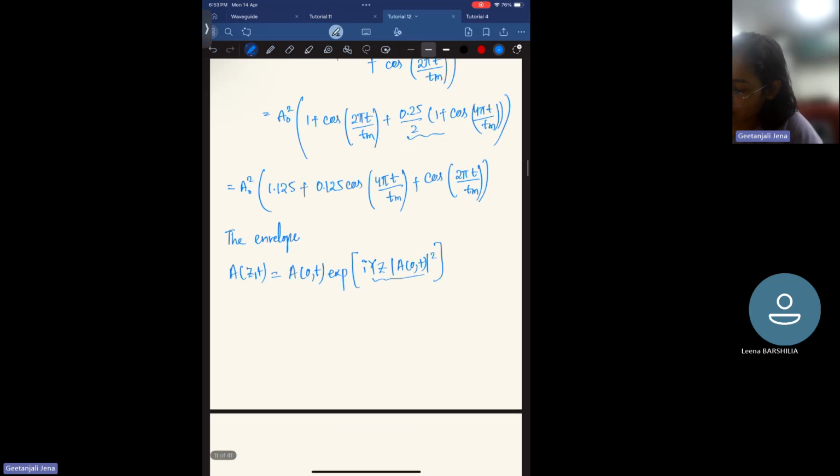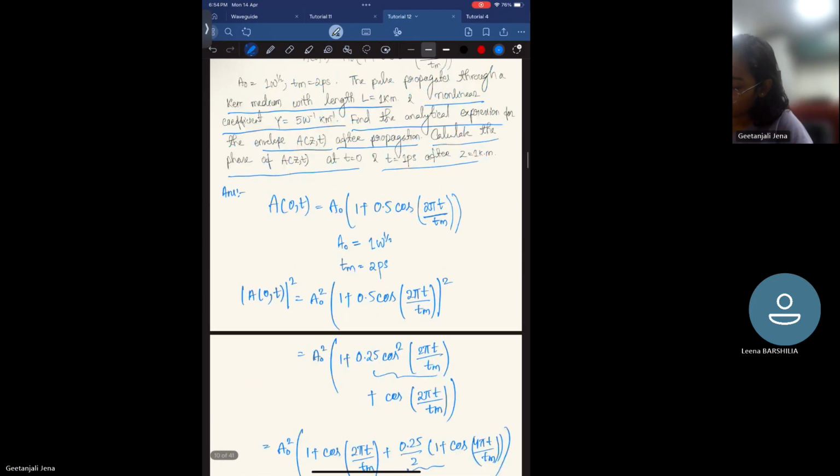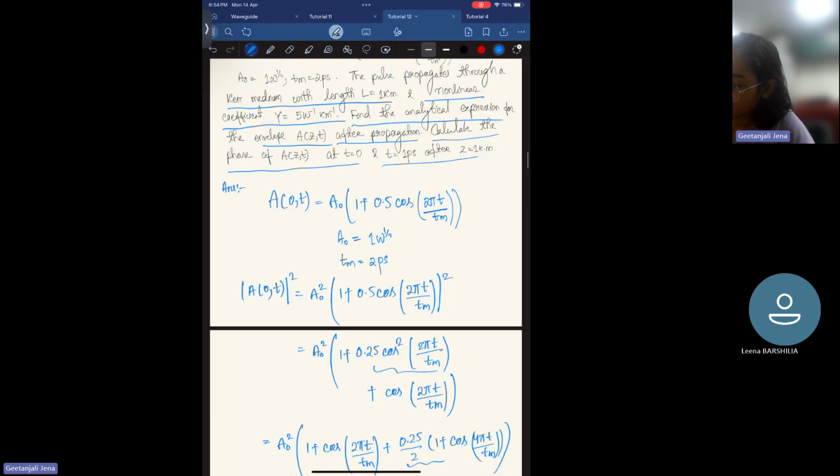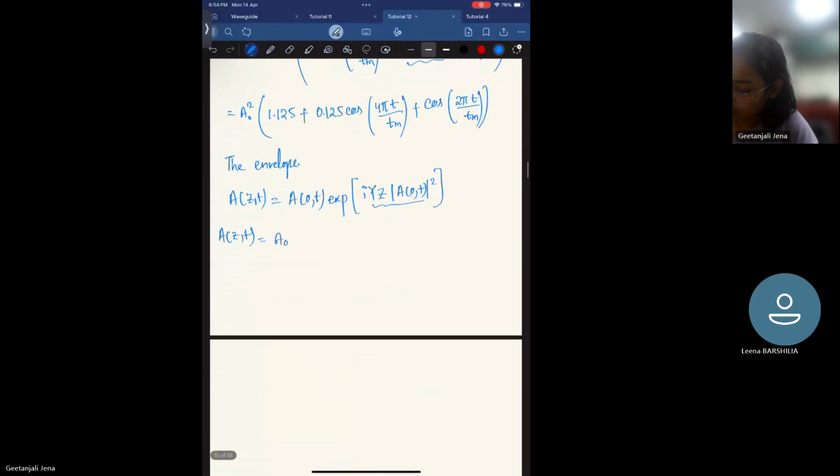For completeness, you can write it: A0(t) was given as 1 plus 0.5 cos 2 pi t by Tm.